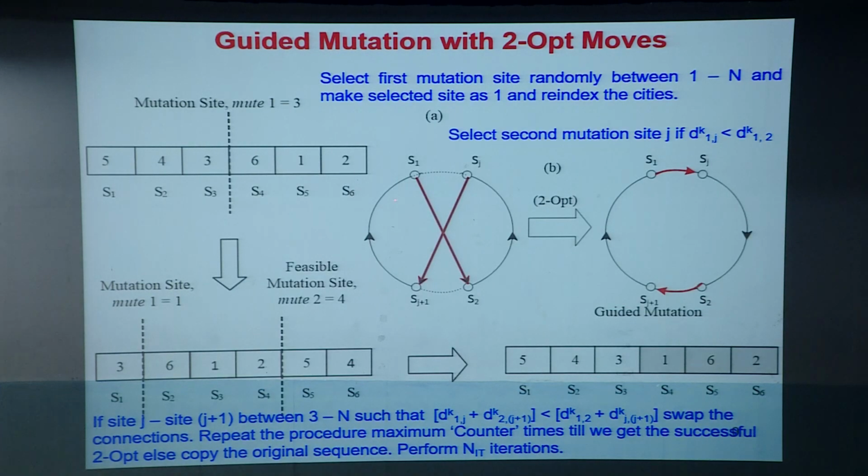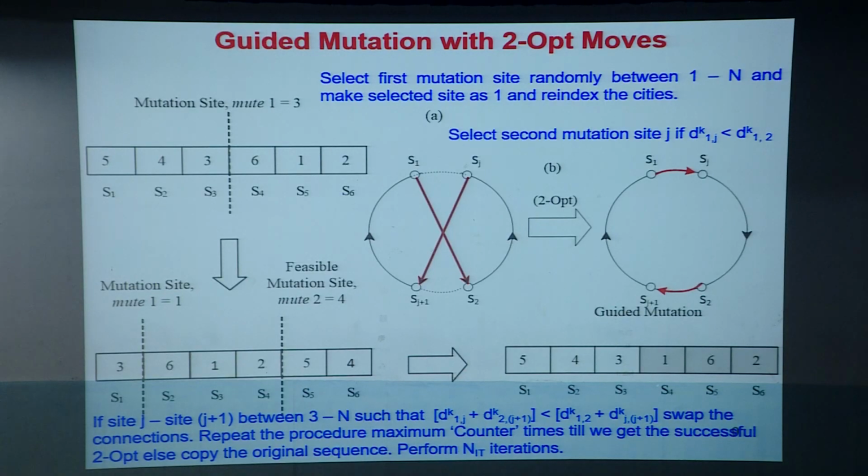So the summation of these two distances should be less than the earlier two distances. If this is what happens, then the 2-op move is successful because the resultant tour will give you a lower tour length, isn't it?